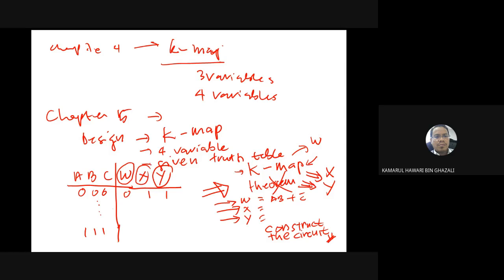Don't worry, you just separate it. It's supposed to be a truth table for W, a truth table for X, a truth table for Y separately, but in the question, it's combined. Don't be confused. You just follow the steps, then construct the truth table.